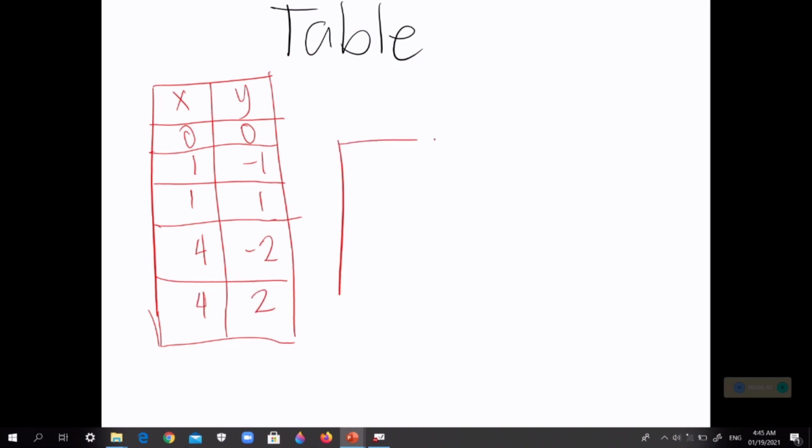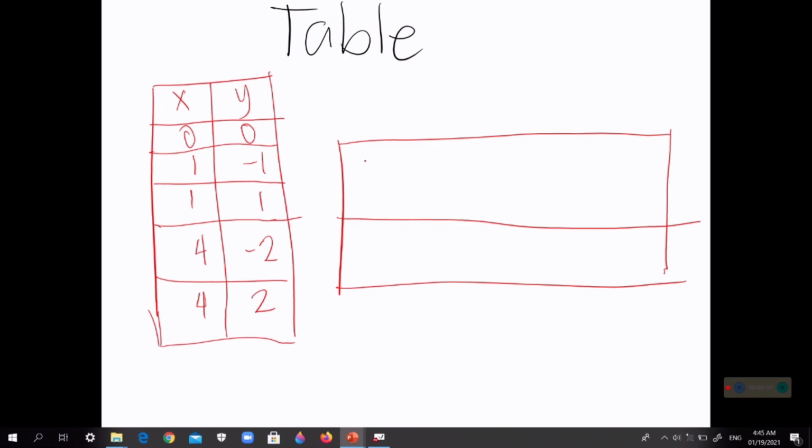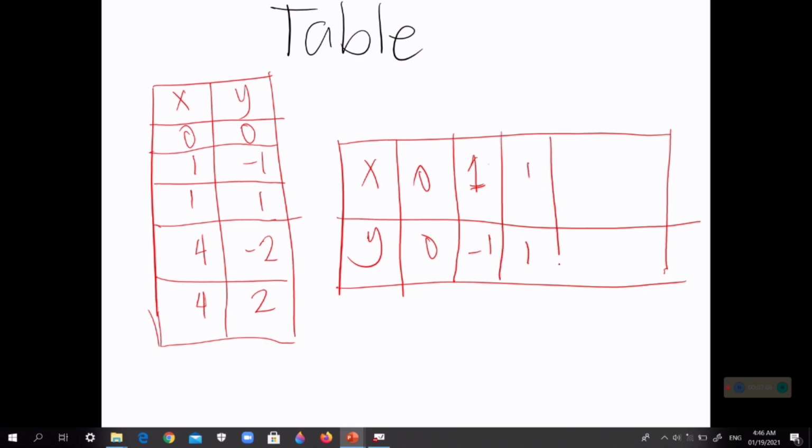If you are going to write this in a horizontal table, then we have X, Y, then 0, 0, 1, negative 1, followed by 1, 1, followed by 4, negative 2, and 4, 2. So that is a table.